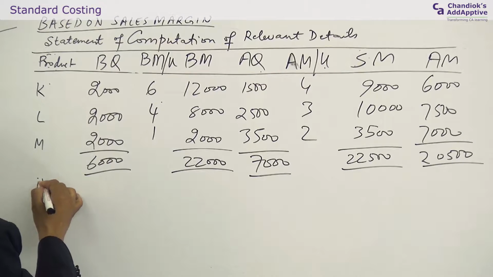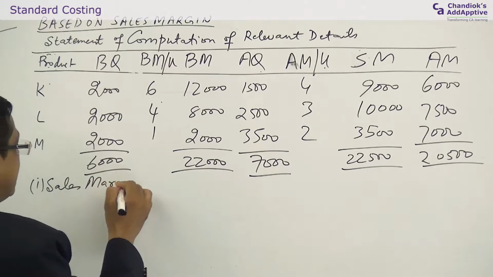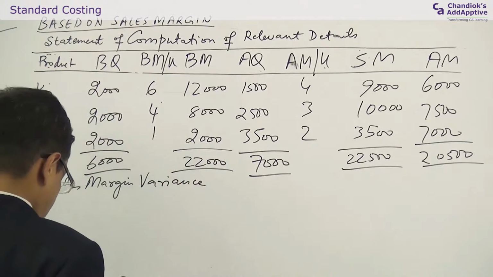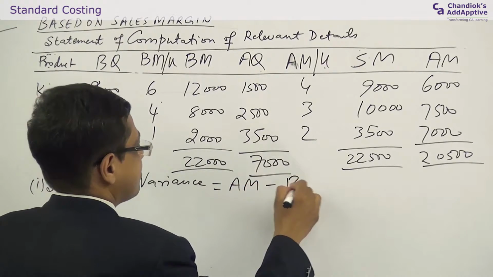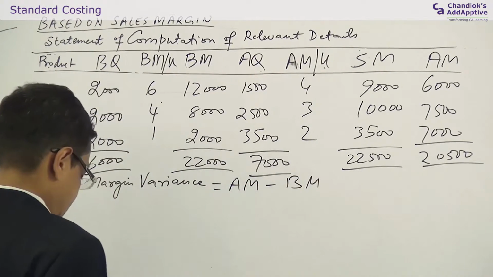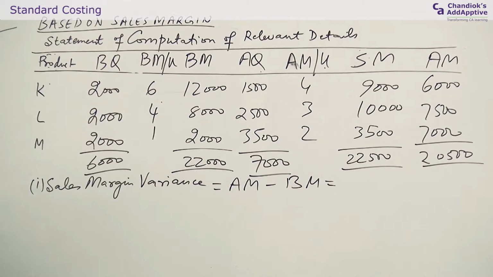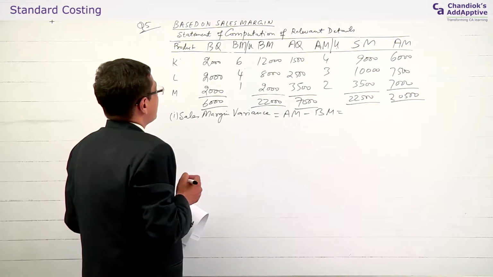So first variance is sales margin variance. This is actual margin minus budgeted margin. So if you see this chart, where is the actual margin? Actual margin, if you see, we have for each of the products.